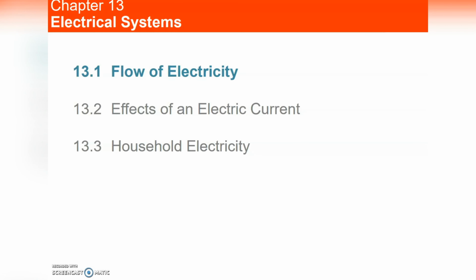This chapter comes in 3 parts: flow of electricity, effects of an electric current, and household electricity. But for this week's lesson, we'll only be touching on 13.1, the flow of electricity.